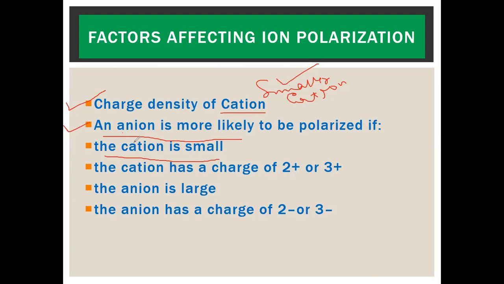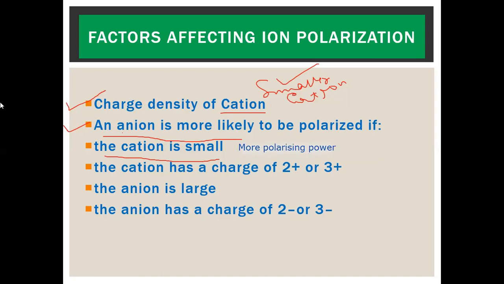So we can say that the smaller the cation, the more polarizing power it has. And larger cations have less polarizing power. That's very simple. Any confusion? No.